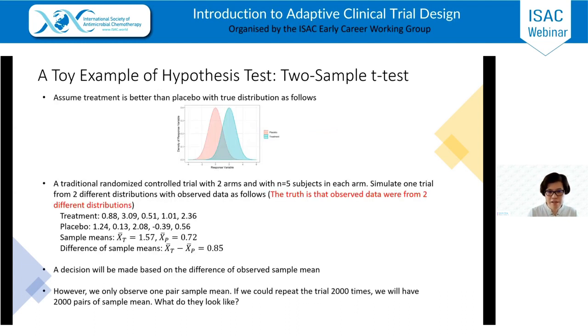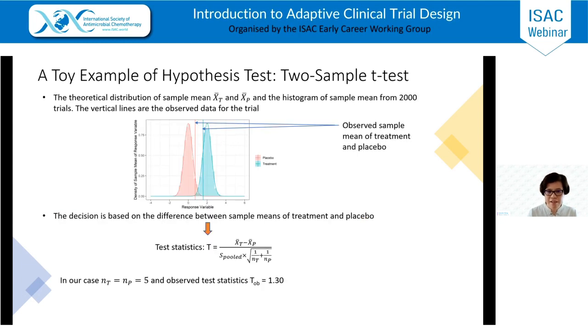The difference was 0.05, but I'm going to standardize it. This S pool is how you estimate the standard deviation of the original distribution. This is also an important one: you need to estimate it to get the test statistic.